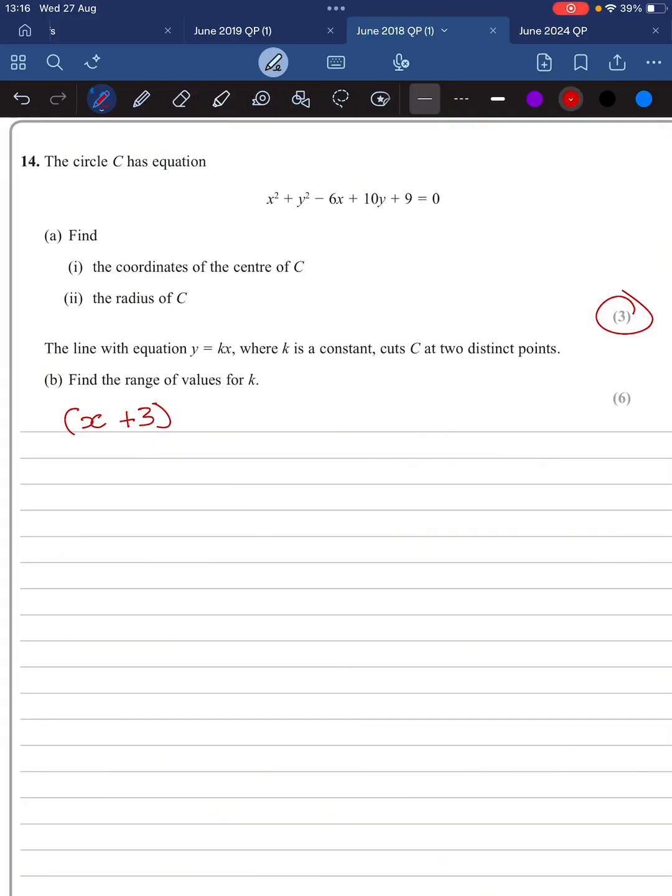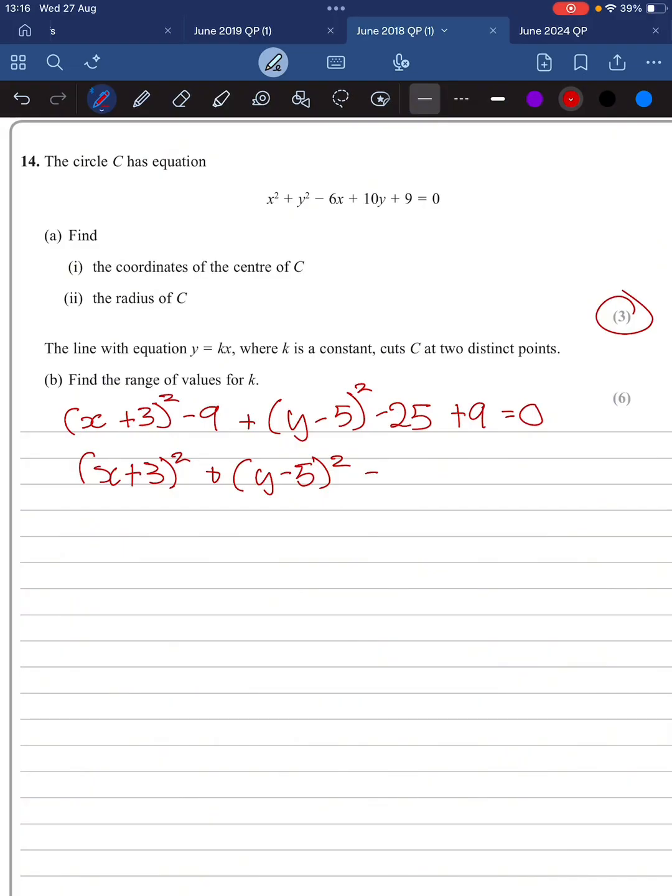X plus 3 squared minus 9, okay, plus y minus 5 squared minus 25, plus 9 is equal to 0. Okay, now we begin to tidy up. So x plus 3 squared plus y minus 5 squared is equal to 25.